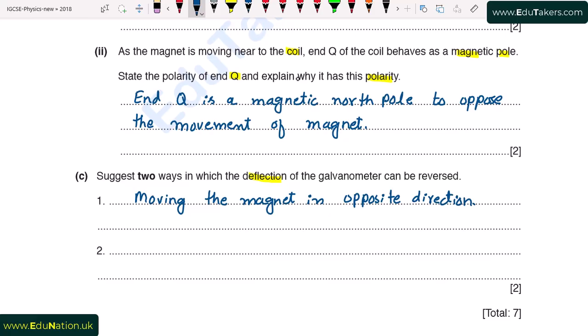And the second one is insert the north pole in the other end. So in both of these ways, galvanometer deflection can be reversed.